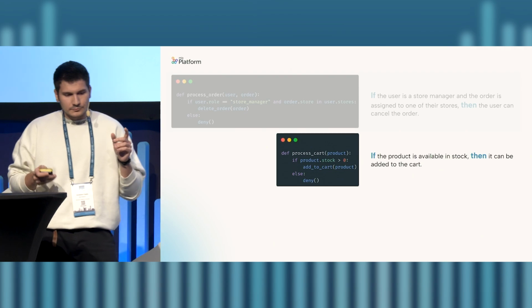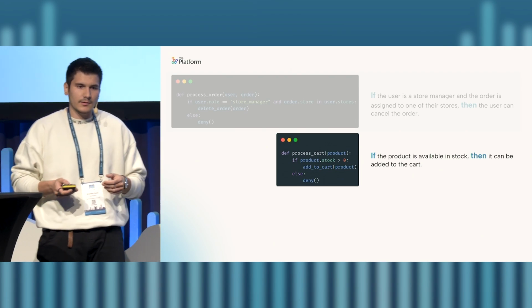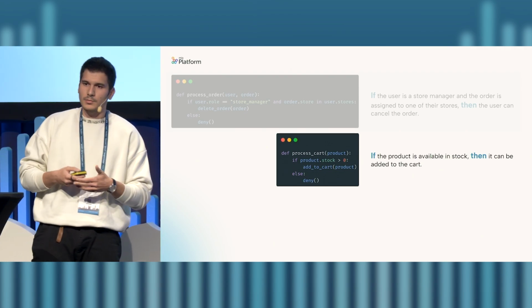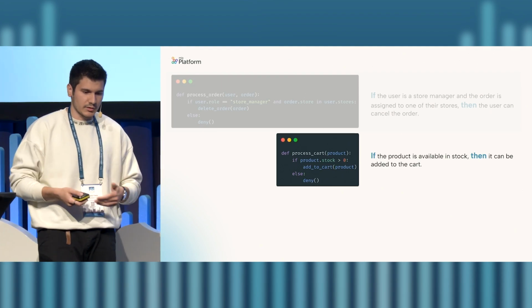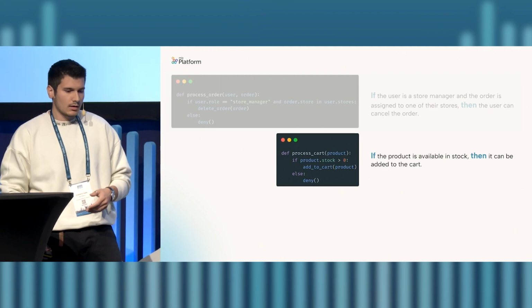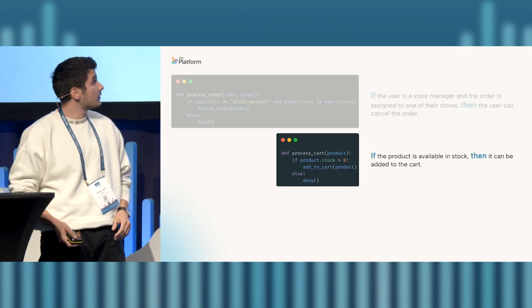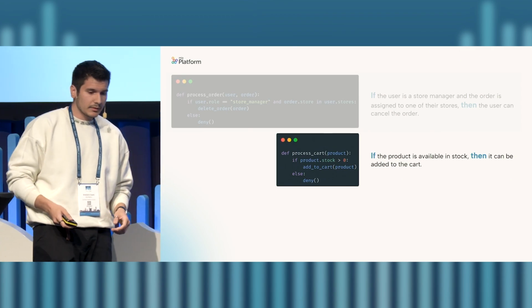Actually, with policies, you can define the behavior of your application, for example by accessing specific attributes of your assets, like you can see on the screen in the example there.